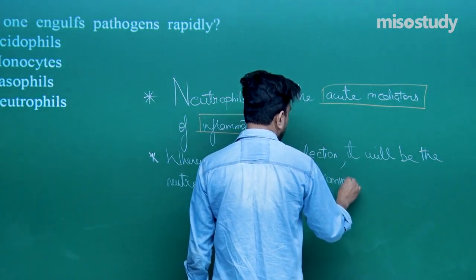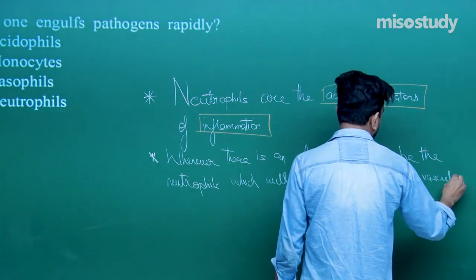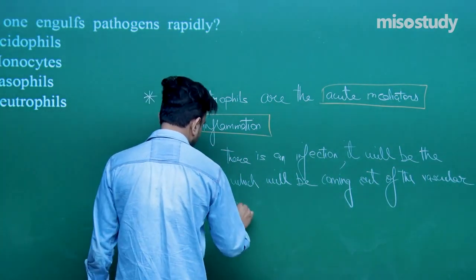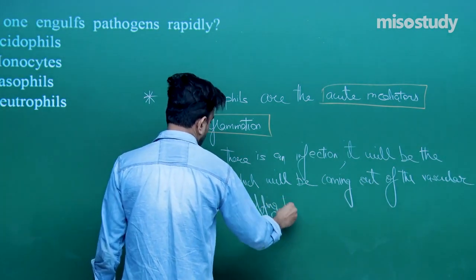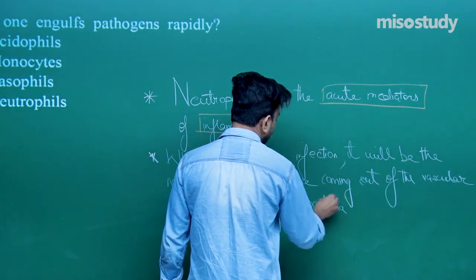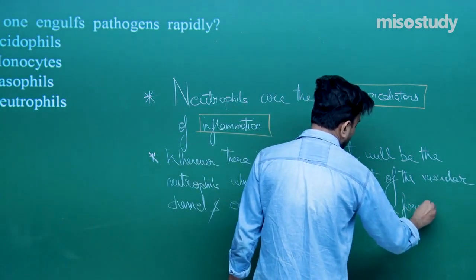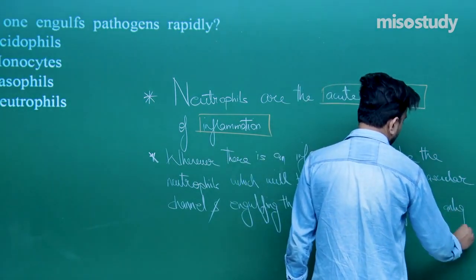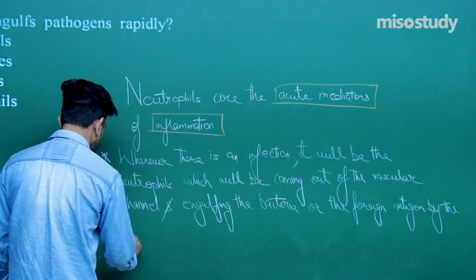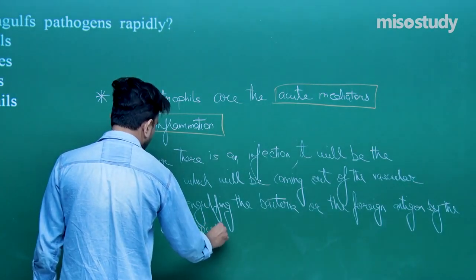which will be coming out of the vascular channel, and engulfing the bacteria or the foreign antigen by the process of phagocytosis.